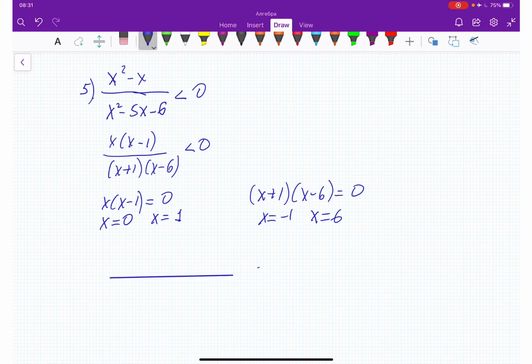We are going to put all of them with empty circles. -1, this is 0, this is +1, and we have 6, kind of an outlier.